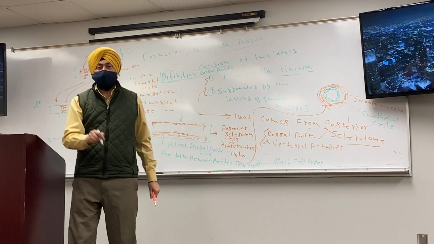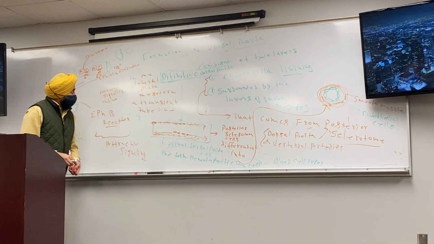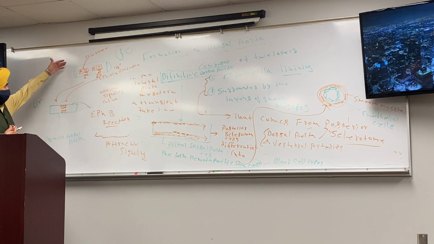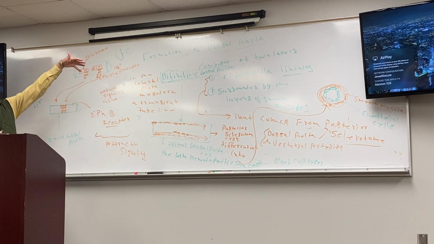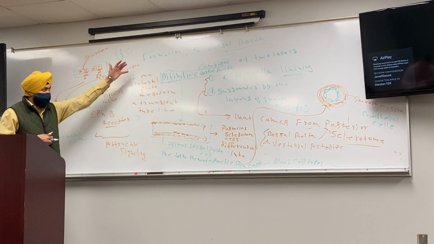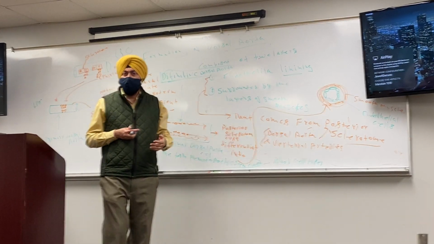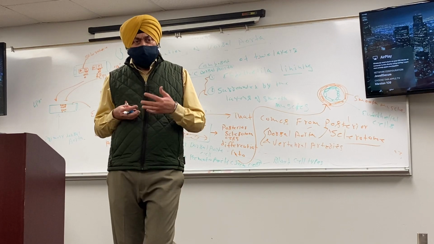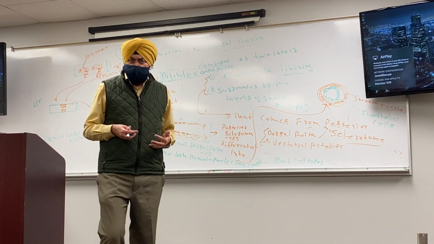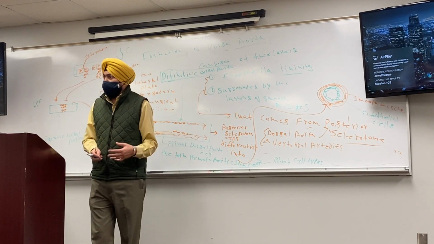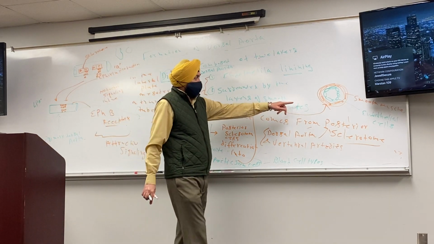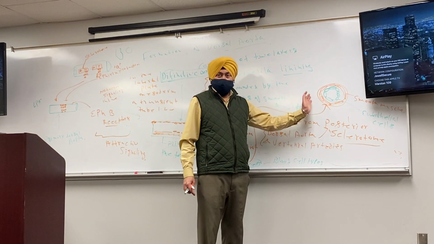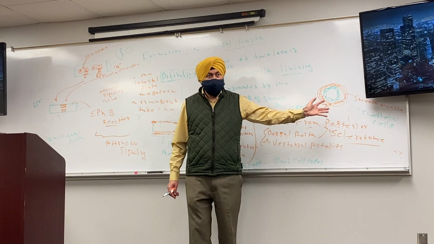Now let me explain again. We are saying the formation of dorsal aorta. This is the first formed aorta in the body. This is beneath the vertebra, and the dorsal aorta, as is true for every blood vessel, is composed of inner endothelial cell, which are surrounded by the smooth muscle layer.